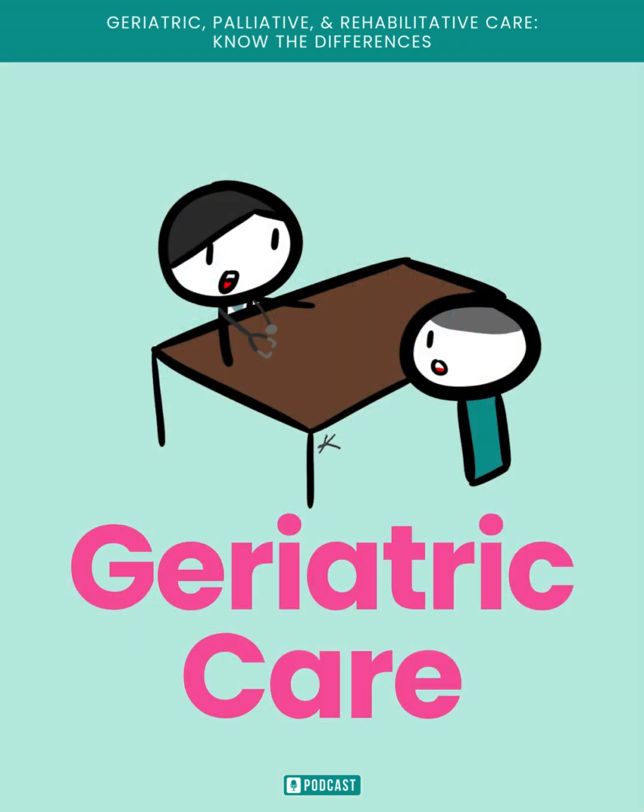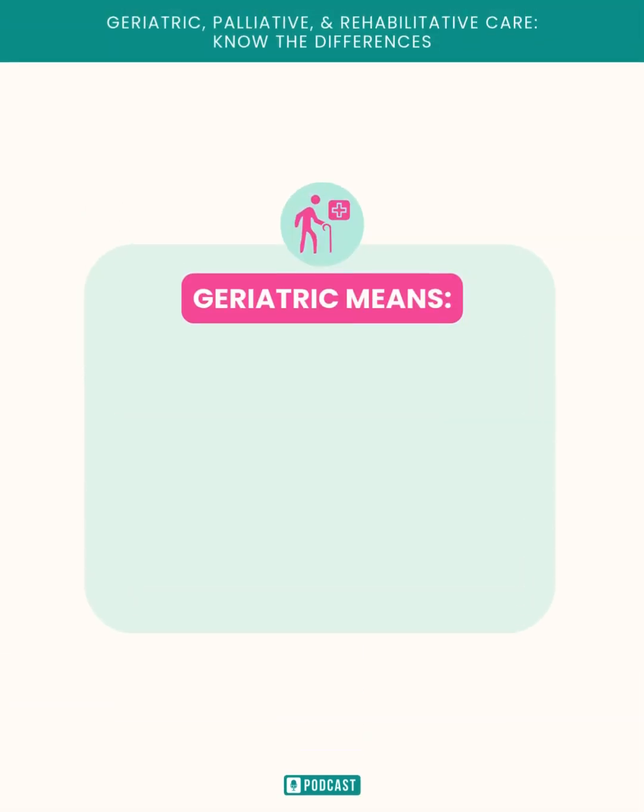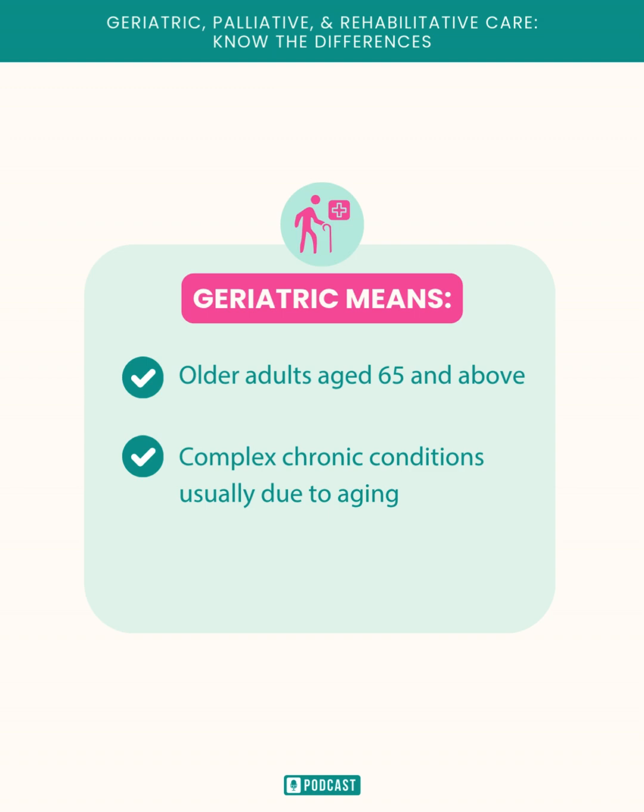Now, the first one is geriatric care. Geriatric, as the word means, refers to older adults, typically above the age of 65, and it emphasizes complex chronic conditions, usually due to aging. The main goal of this care is to maintain independence and quality of life.